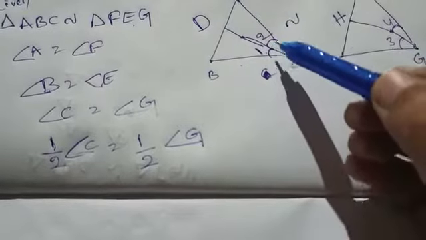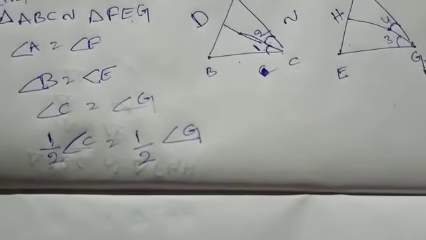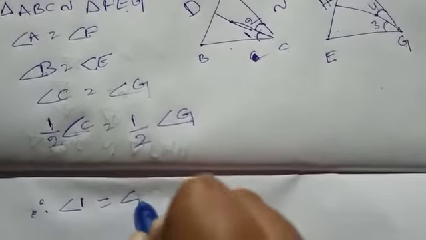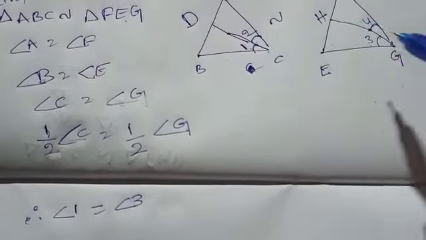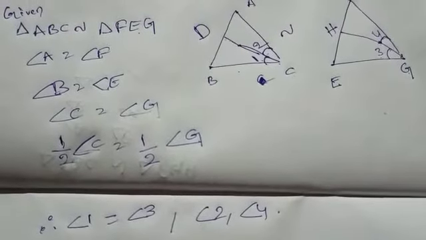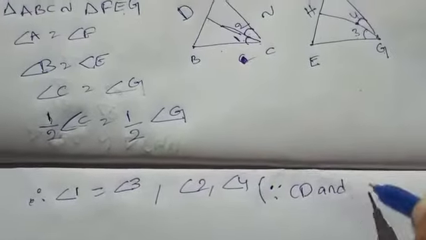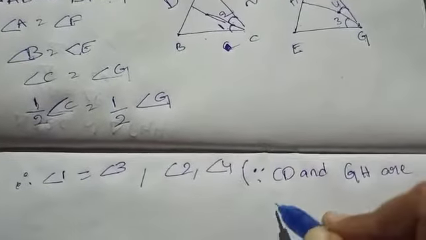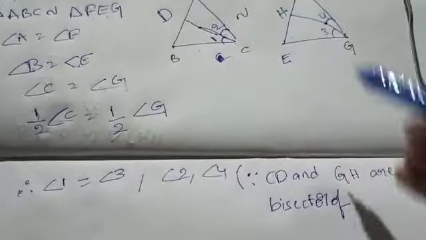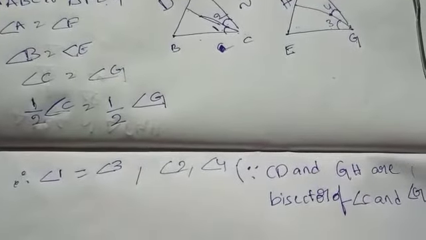Here 1 and 2 are the halves of angle C. Here 3 and 4 are the halves of angle G. Therefore angle 1 equals angle 3 and angle 2 equals angle 4, because CD and GH are bisectors of angle C and angle G respectively.